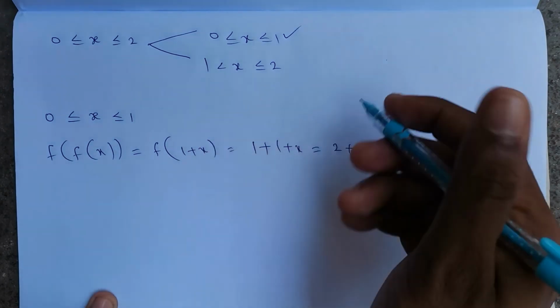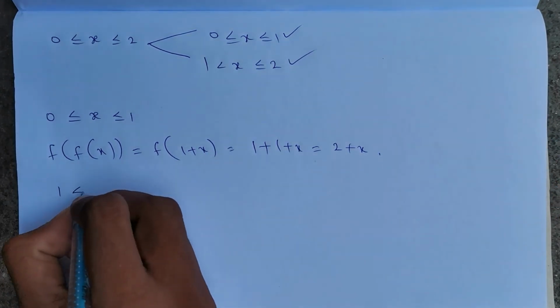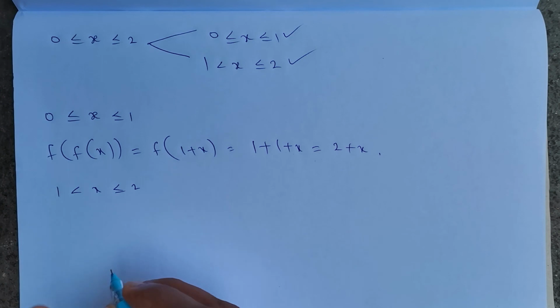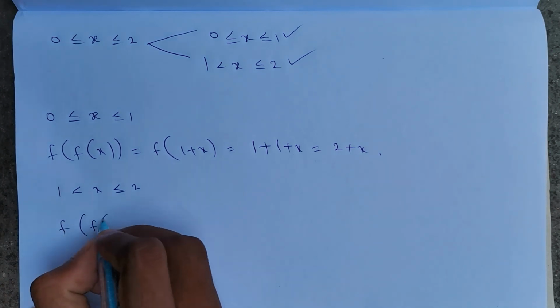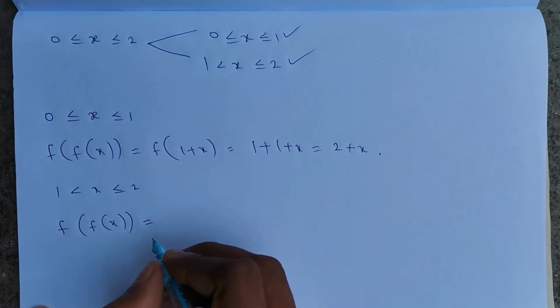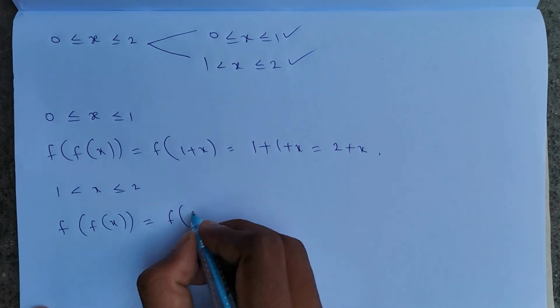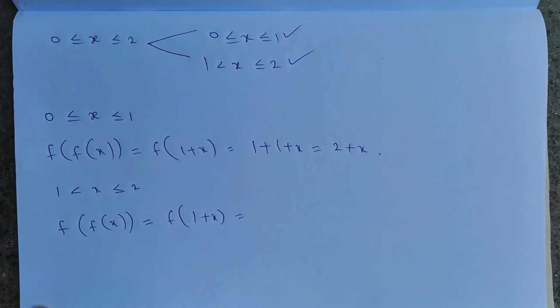Now I am taking the second condition, that is 1 < x ≤ 2. So again we need to find the value of f of f of x. Here f of x is 1 + x.